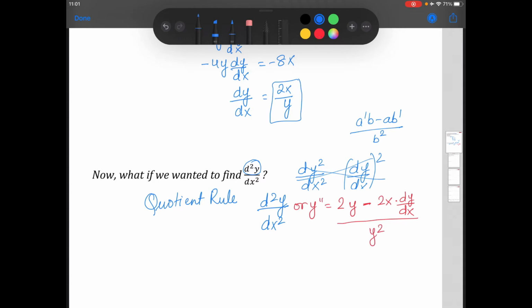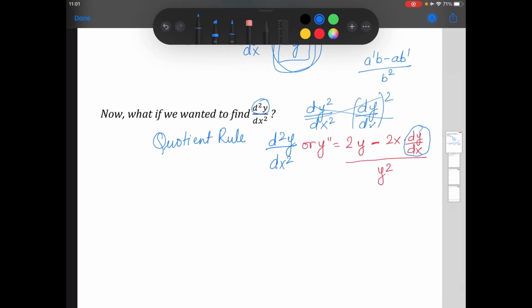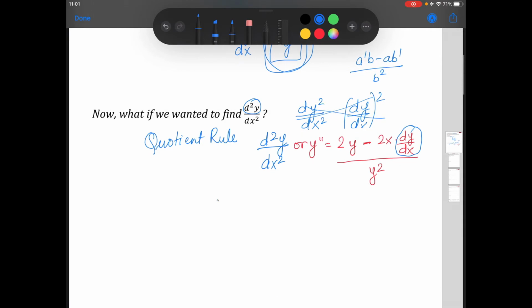Now, can you substitute dy over dx? What is dy over dx? It is 2x over y, so I'm going to do that. So y double prime, or d squared y over dx squared, is equal to 2y minus 2x times 2x over y, all over y squared.